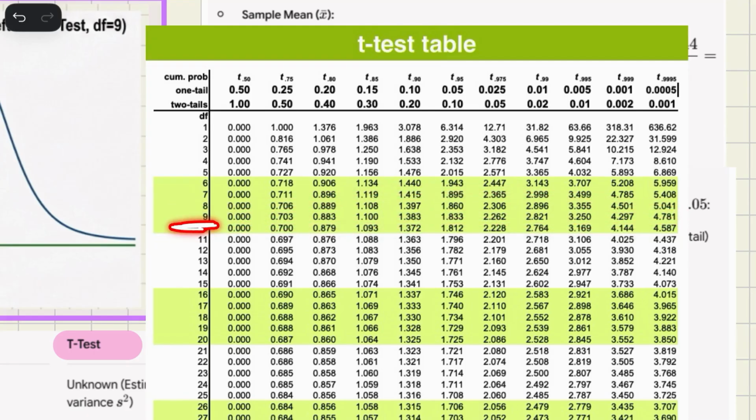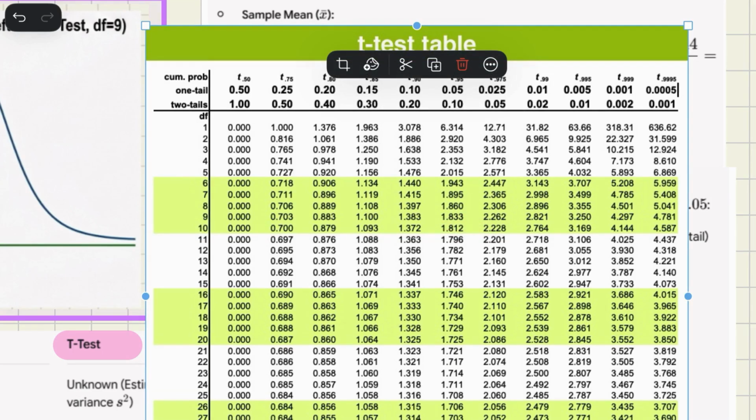Then we see that it is a one-tailed test and our significance level is 0.05. This is where we are intersecting, right? So we get 1.833, the value listed, and we'll consider this particular value.